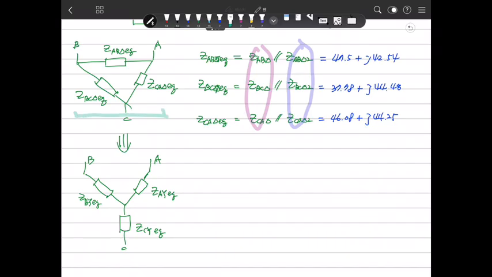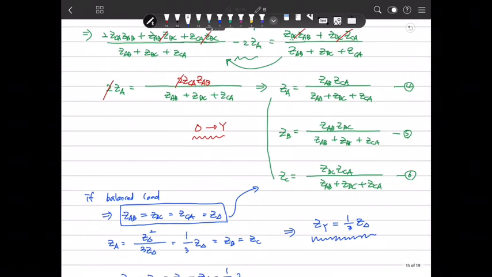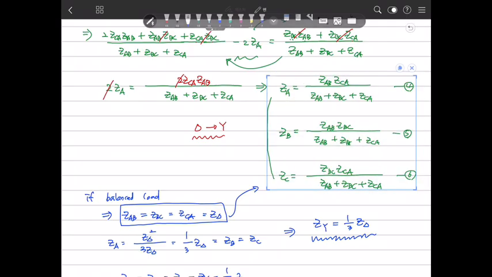Then we need to transfer the delta to Y. We already know about that, because this is the transformation from delta to Y. So we can use the equations here.